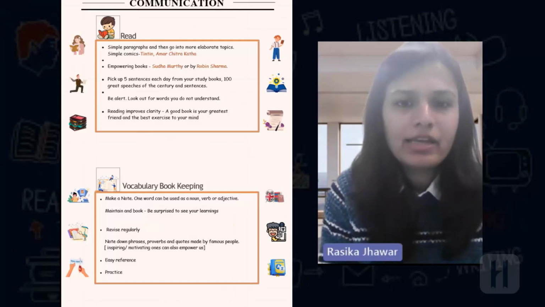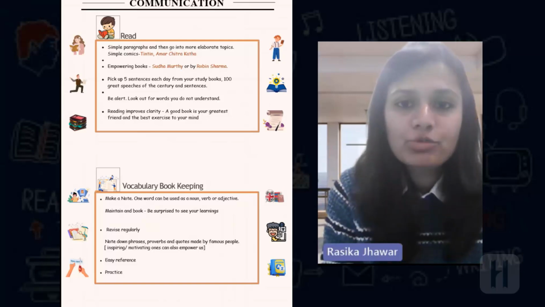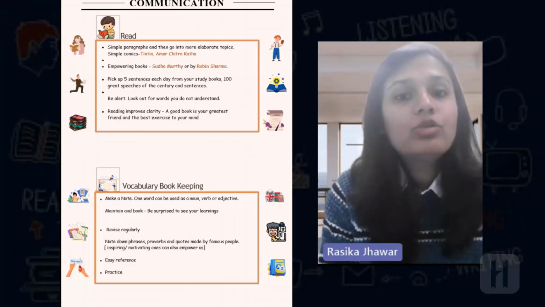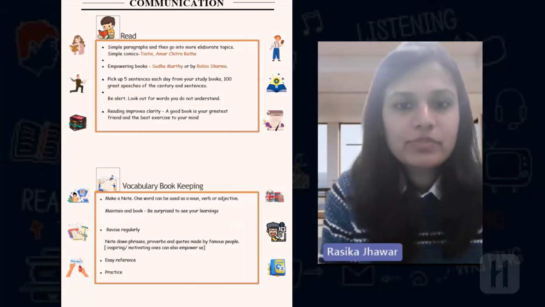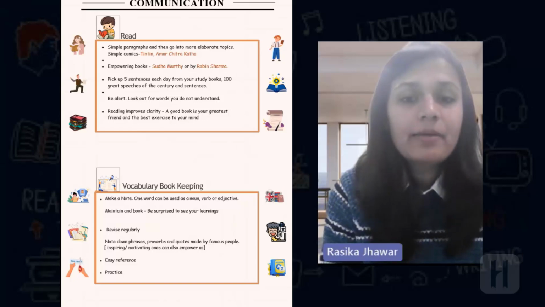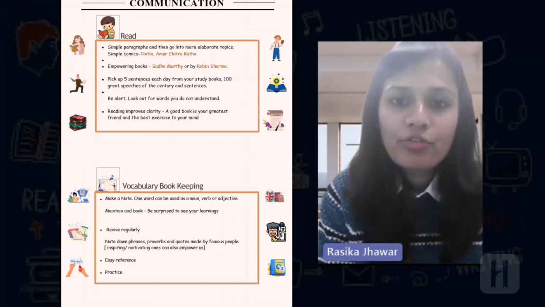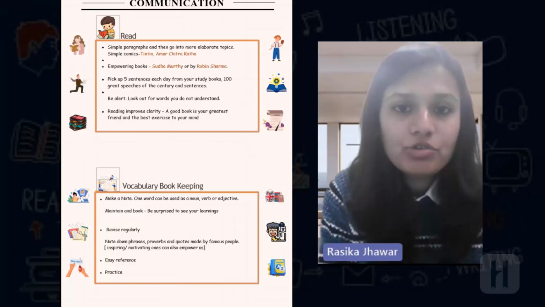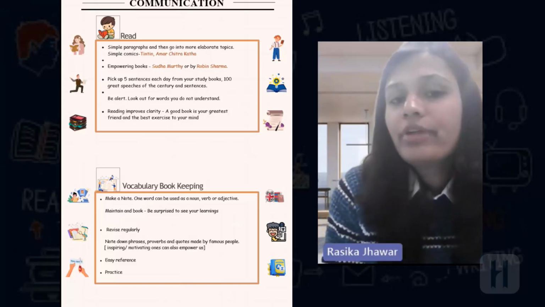Read with clarity. Give pauses and stop where you do not understand, and try to find the meaning then and there. Say, for example, you're reading a paragraph wherein it said that the hunter went to an incredible, highly dense forest. And here you do not know the meaning of incredible.